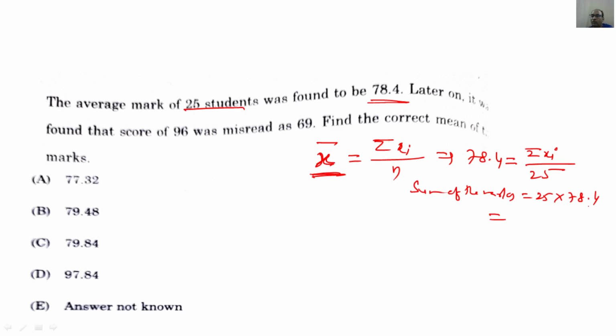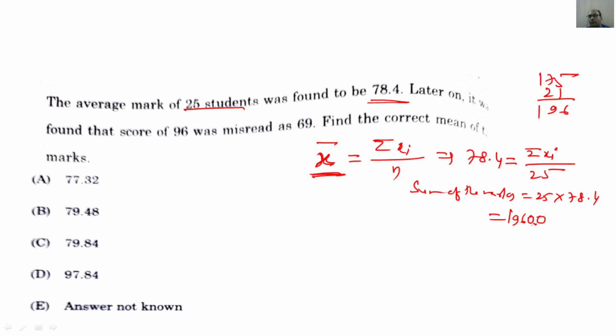This is giving us 25 into 4, 100, so 0, and then 10 is left in our hand, 25 8s are 200, 210, again 0, 21 is there, and 25 into 7 is 175, and 21, so 196.